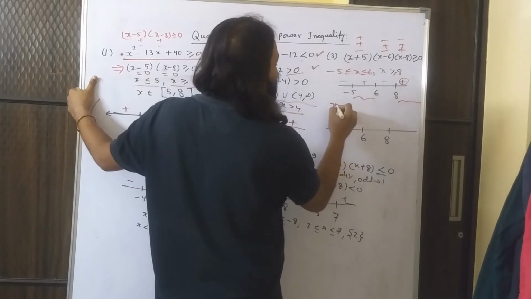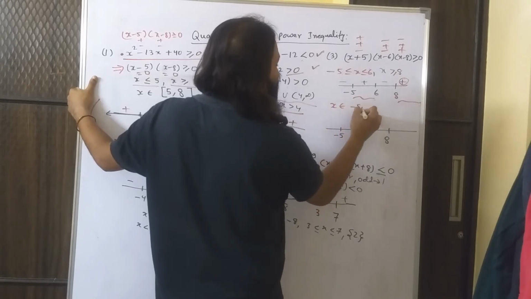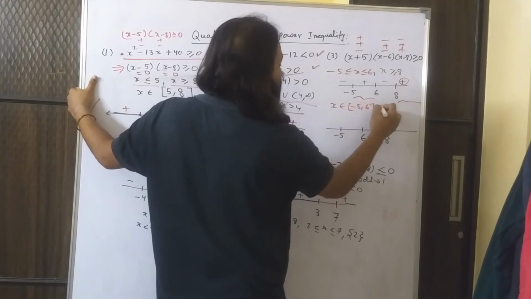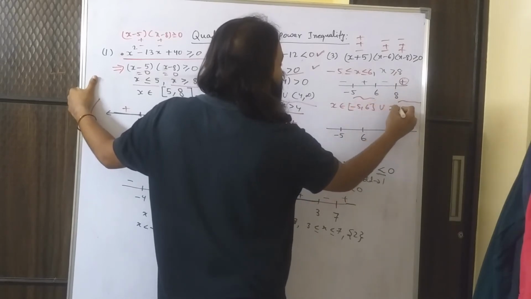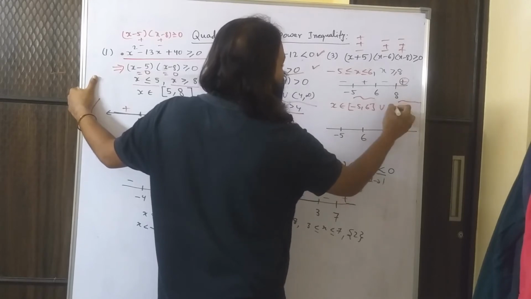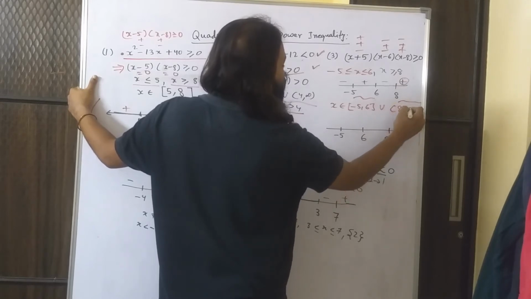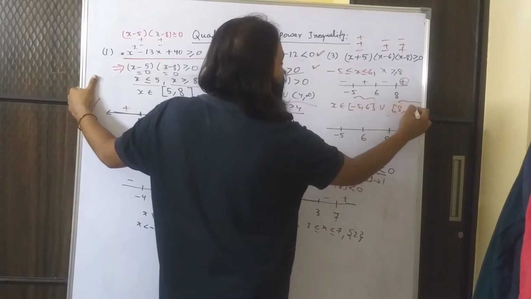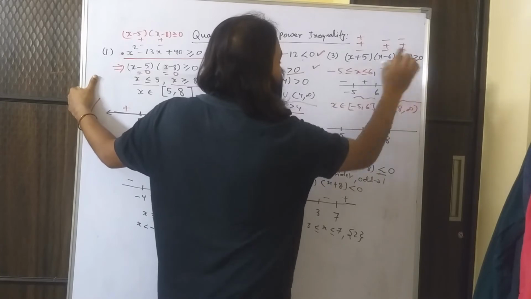So my answer will be x belongs to -5 to 6, and because equal to sign is there, we will use closed interval, union x belongs to 8 to infinity. Again 8 will be included and infinity will not be included, because equal to sign is there.